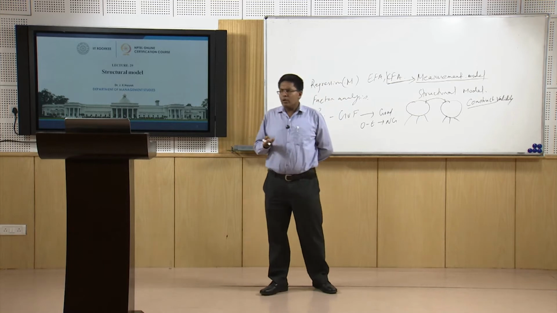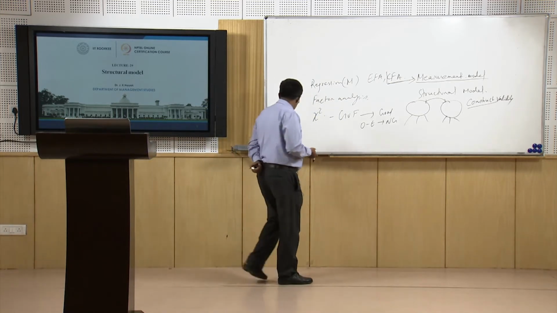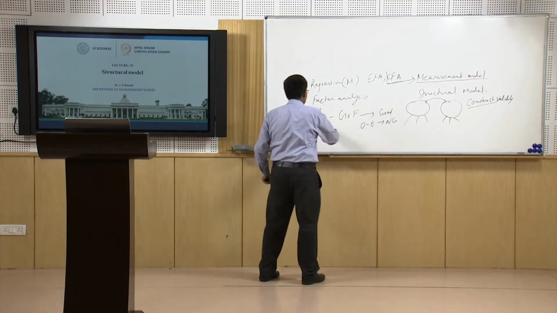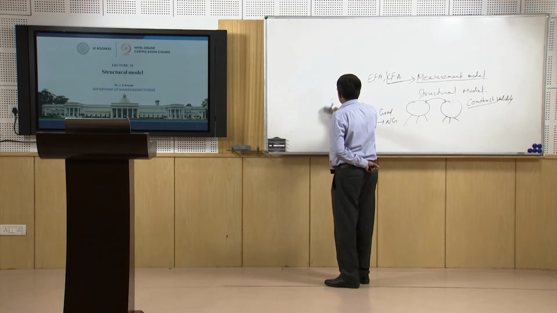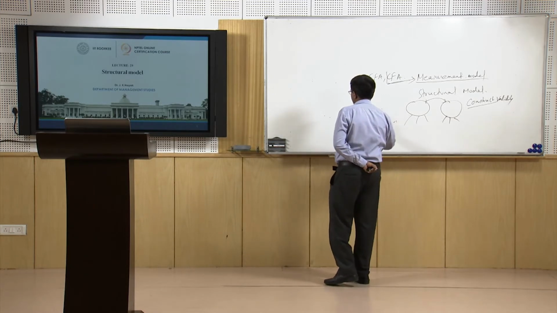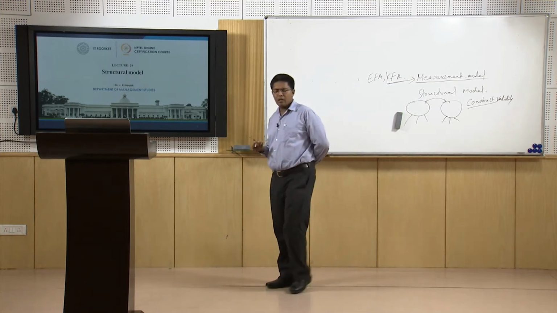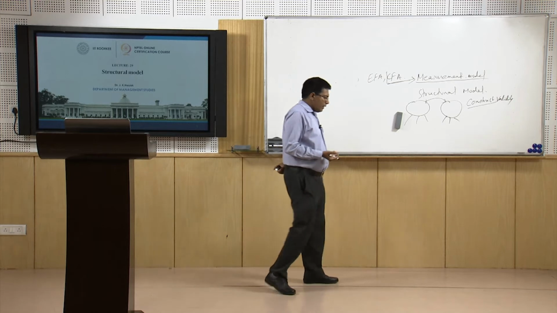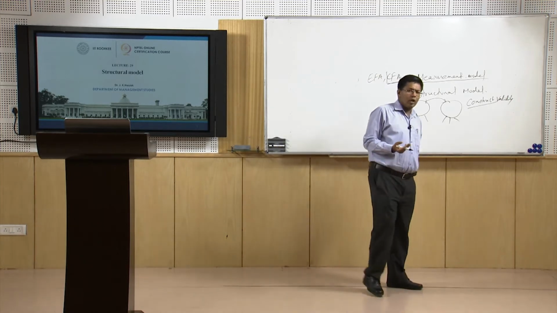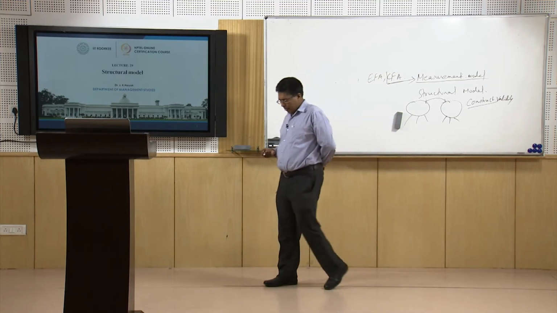Convergent validity, I am sure you are very clear with, because in convergent validity you only want to see whether the items are converging towards the main construct. If the correlation between the item and the construct is high, or the inter-item correlation is high, then we say this is a high reliability.